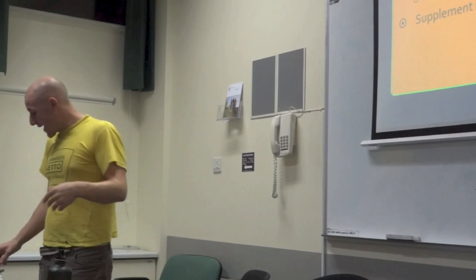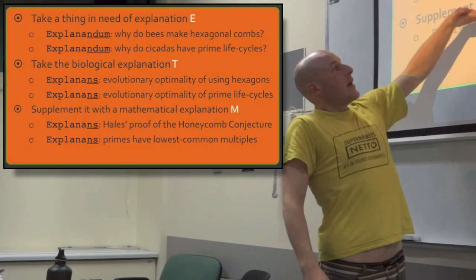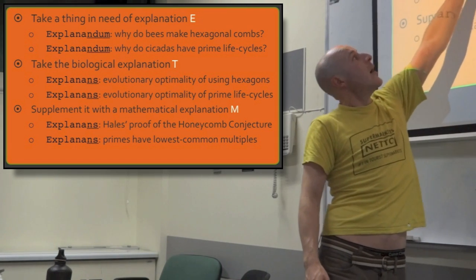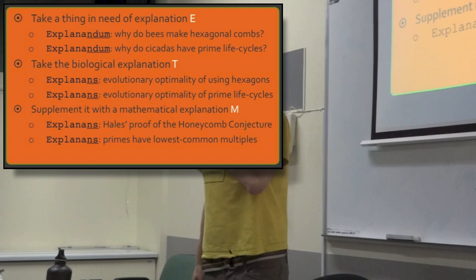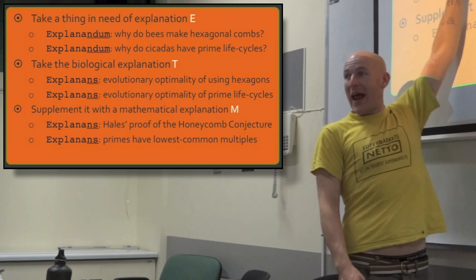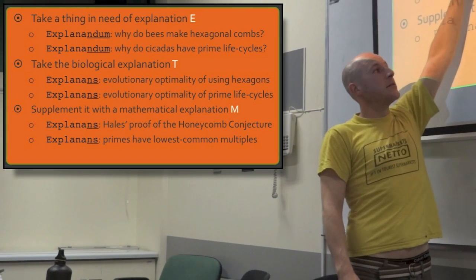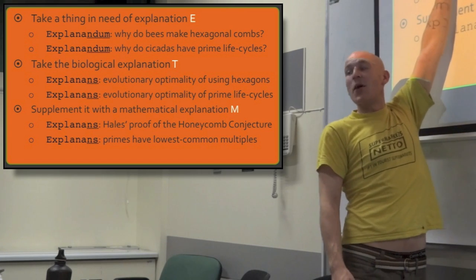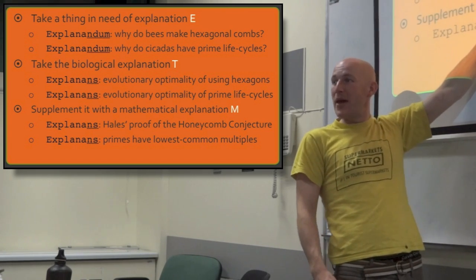And then we've also brought in a mathematical explanation. Again, an explanandum: Hales's proof of the honeycomb conjecture is itself an explanation of the evolutionary optimality of using hexagons. So something that was previously an explanans is standing now as the explanandum, which is explained by M here.